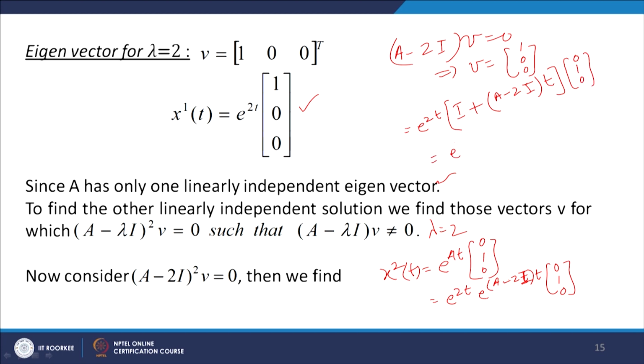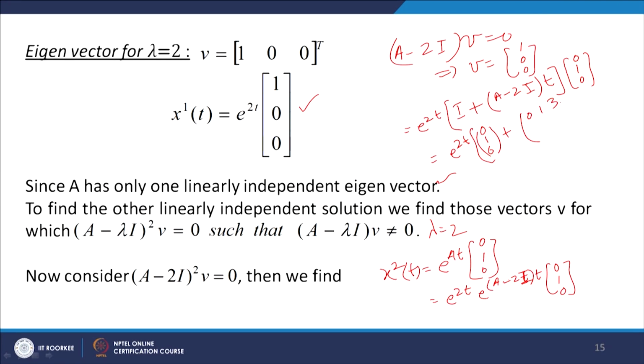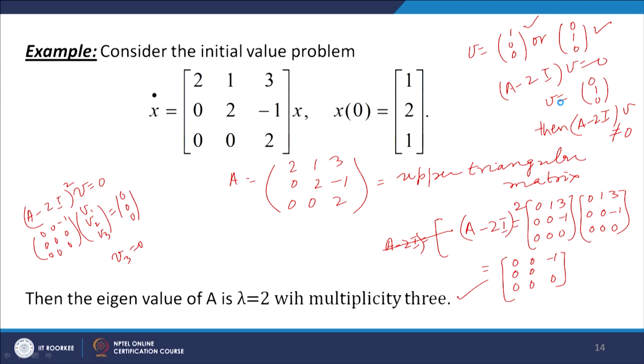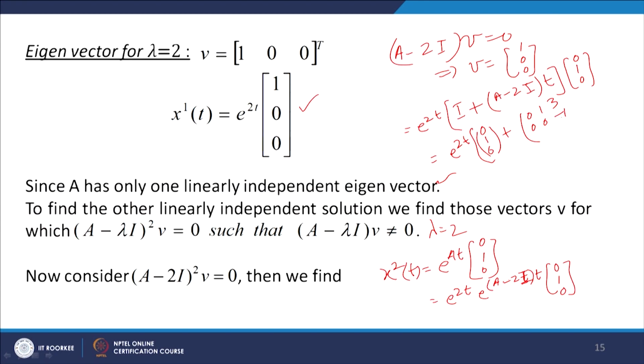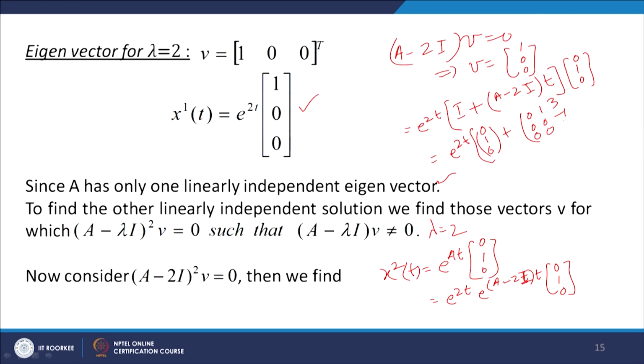So, we get e to the power 2t times 0 1 0, plus (A minus 2I), which is the matrix 0 1 3, 0 0 minus 1, 0 0 0, into 0 1 0, into t. Okay, so this is what we get.